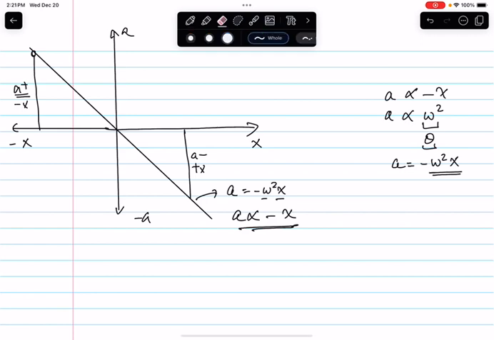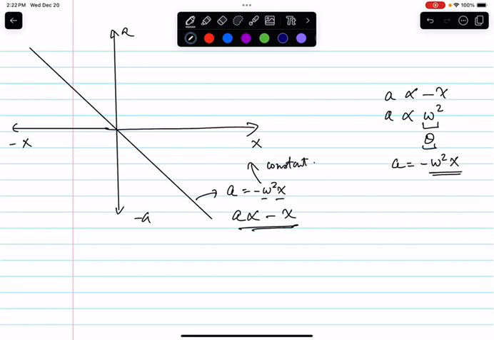Okay? Now, what this ends up essentially meaning is that when we graph this equation, a is negative omega squared x, then omega is just a constant. So let's say you have an equation y is negative kx and k is just a constant, this is a similar equation. And we know that for a linear equation, y is mx plus c, where c is the y-intercept.